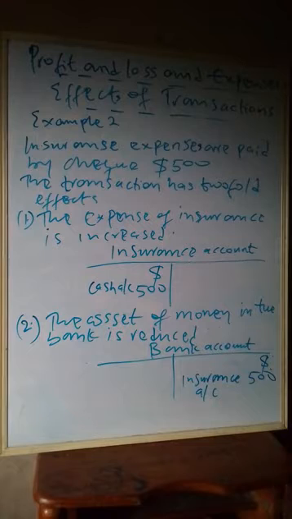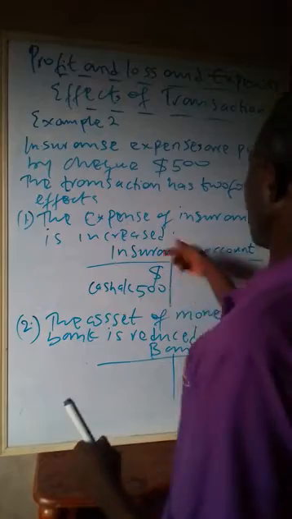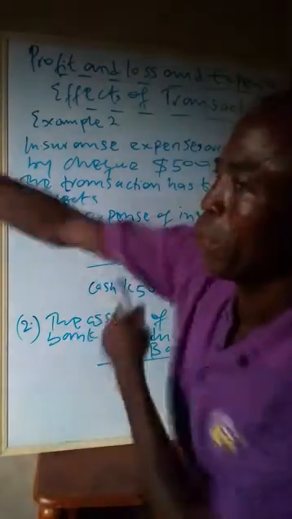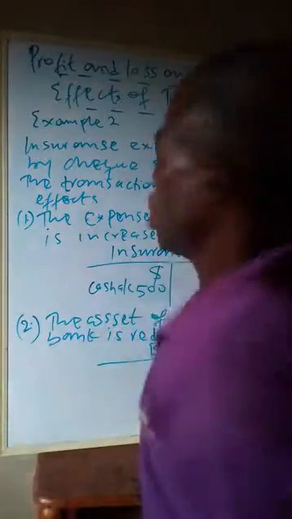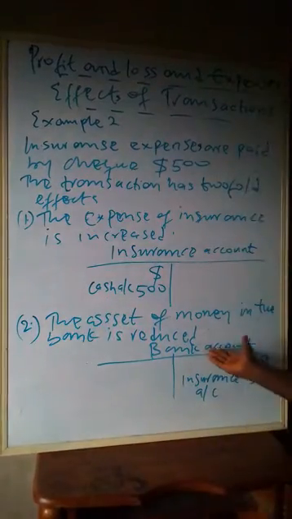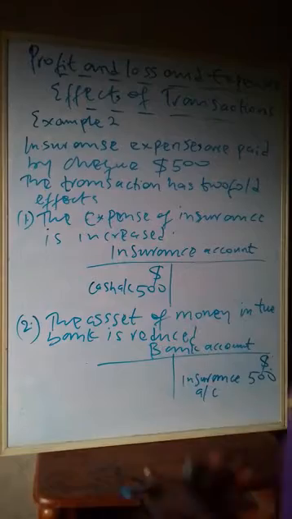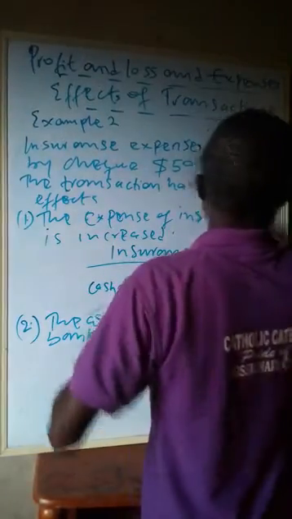You debit insurance, and you credit cash, because we used cash to pay. When cash goes out, you credit. The asset of money in the bank is reduced. So I rub it off. Next.